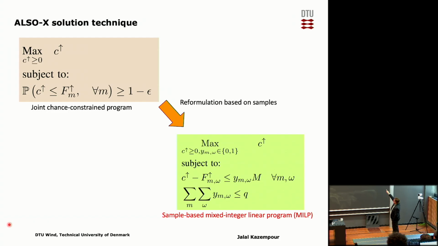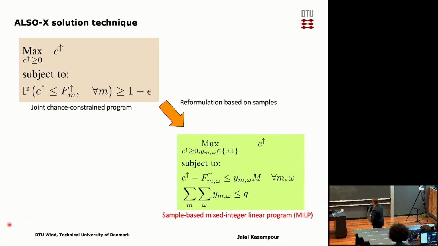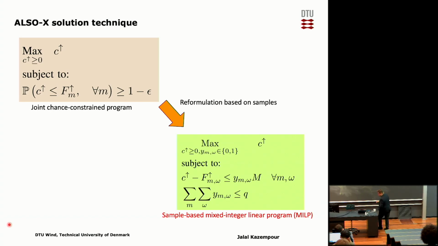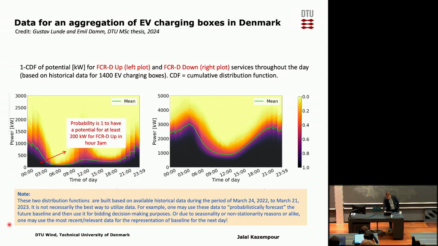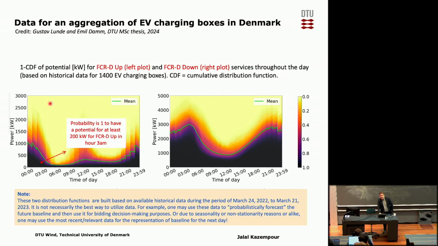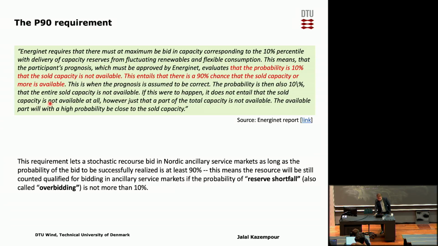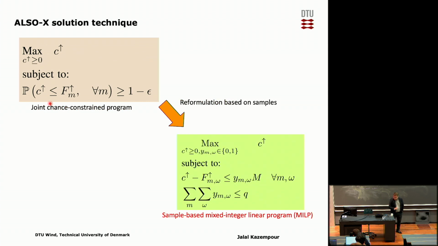And here, omega is index for scenarios or samples. So as I said, what are the samples? Samples are simply samples that you draw from this empirical distribution for every minute. Random samples. Okay? So omega are samples.